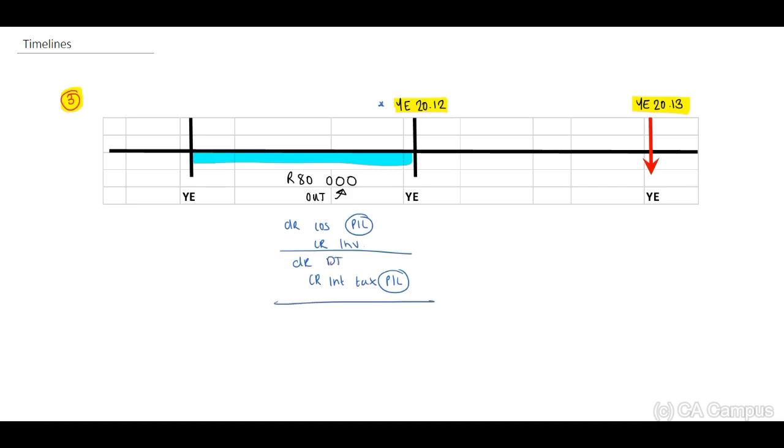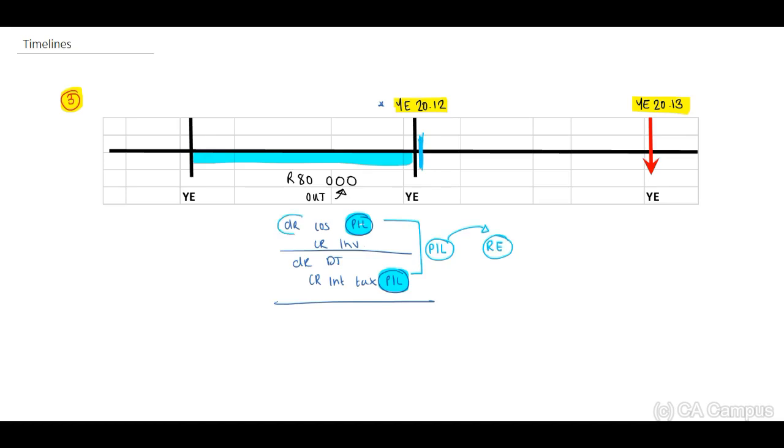Now, do you agree with me? If we look at these line items, the net effect at the end of 20.12 will be in our profit and loss, and then at the beginning of the 20.13 financial year, this will be included in our retained earnings. Yeah, this will be included in our retained earnings.